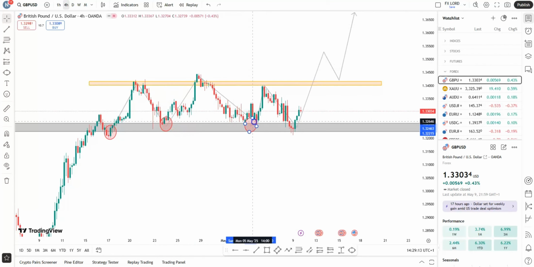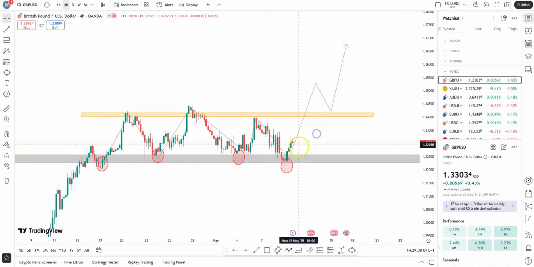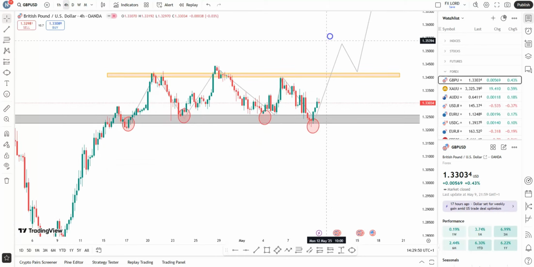We had another touch here, multiple touches at this area. We had another touch here, right? So I'm expecting a bullish breakout. I'm expecting GBP USD to break out of this zone right now, to break out and head to the upside. So this is what I'm expecting GBP USD to do at the moment.